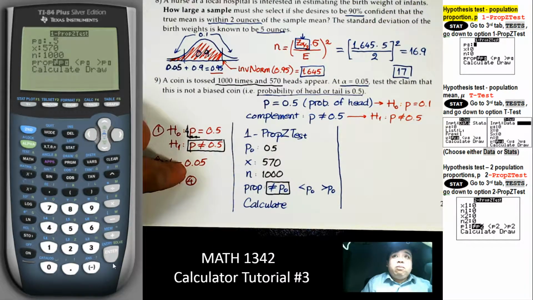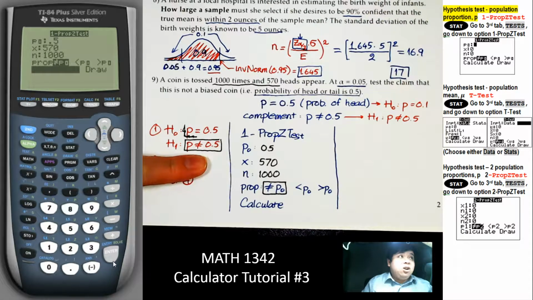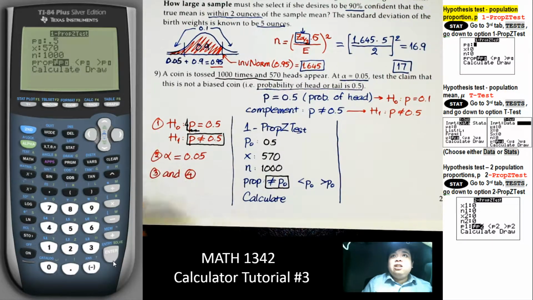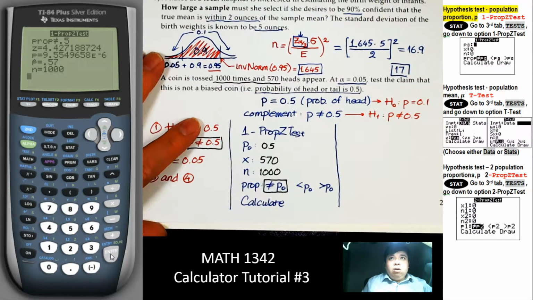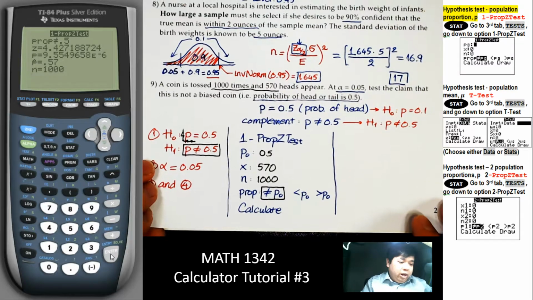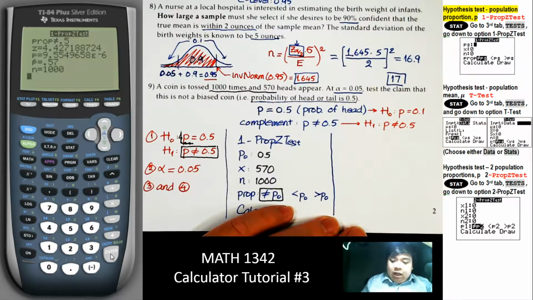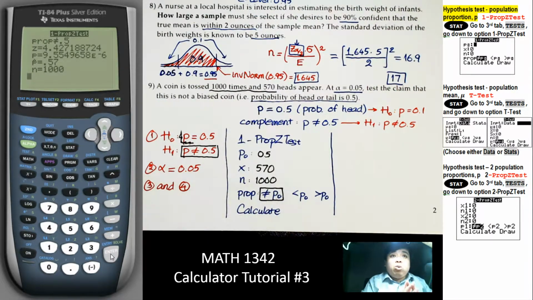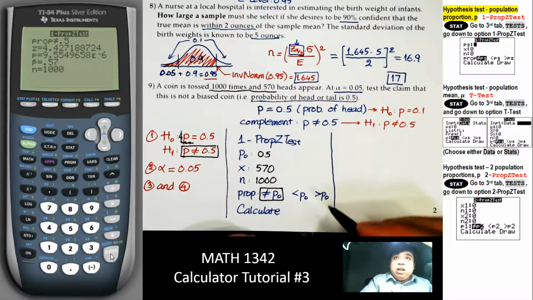Of course, we don't enter anything that has alpha in it, so we don't need that on the calculator. Right. When we calculate this, we have p equal to; the key here is that we only take the p value.